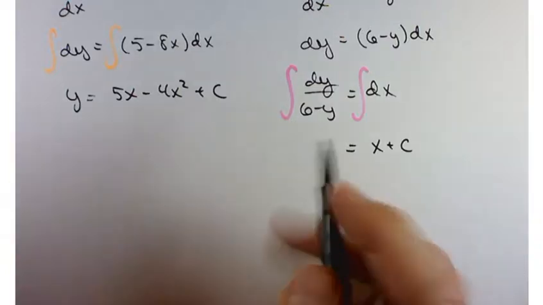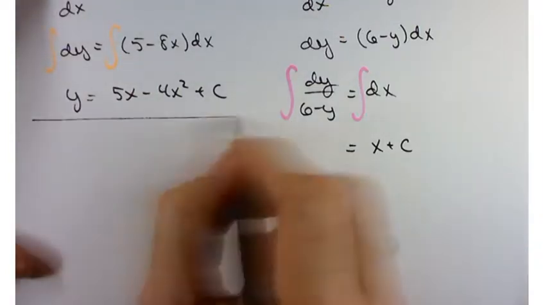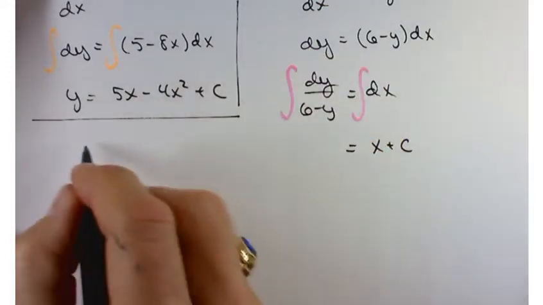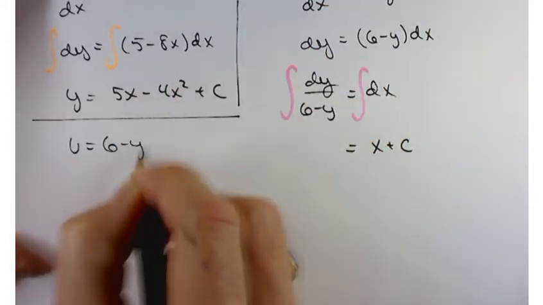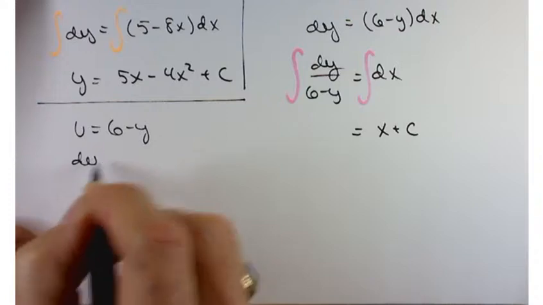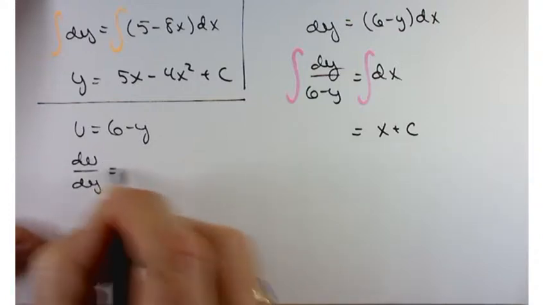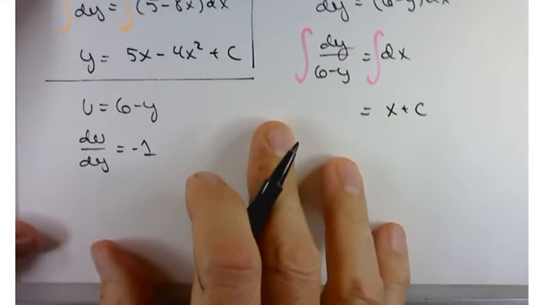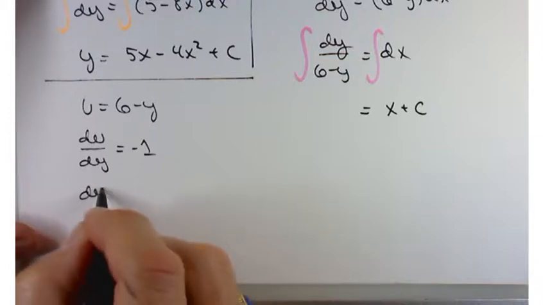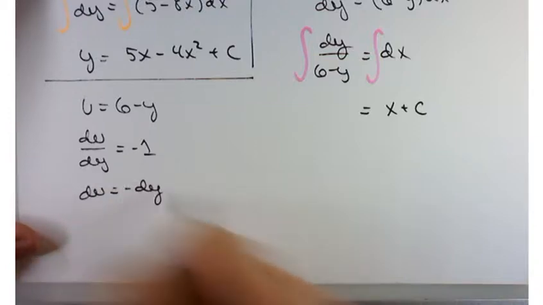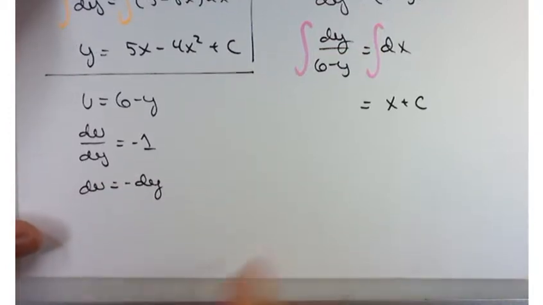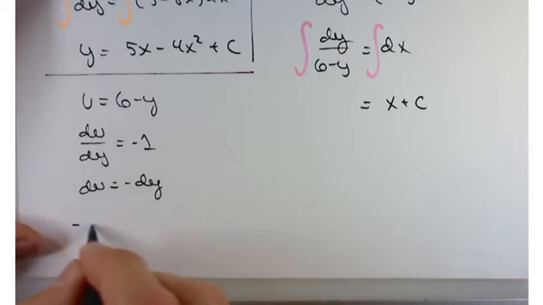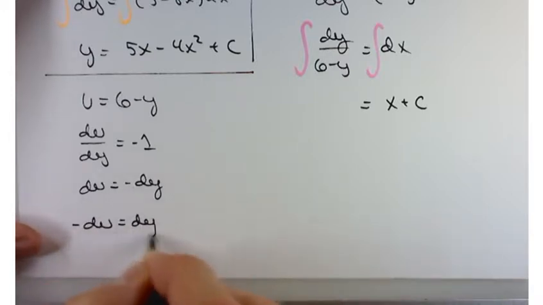U substitution, okay. What should I let u equal? u equals 6 minus y. du by dy would be -1, or du equals negative dy. Okay. Let's put the negative on the left-hand side. Negative du equals dy.